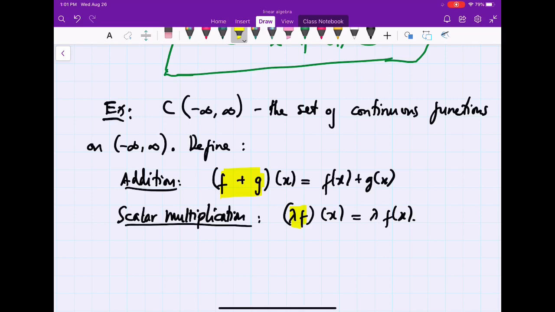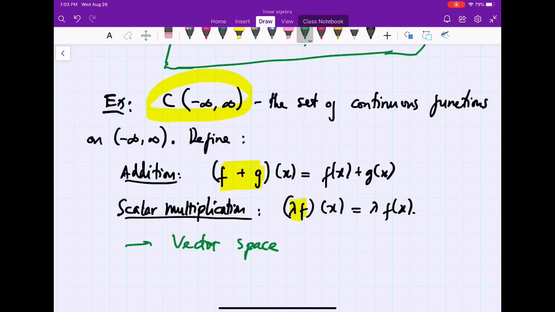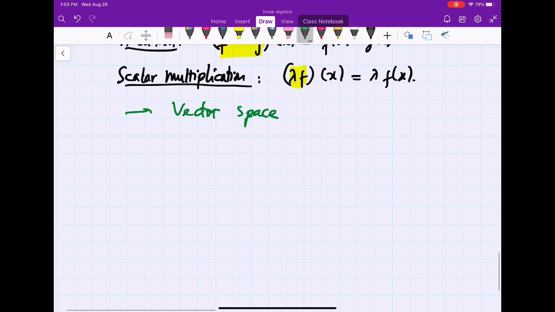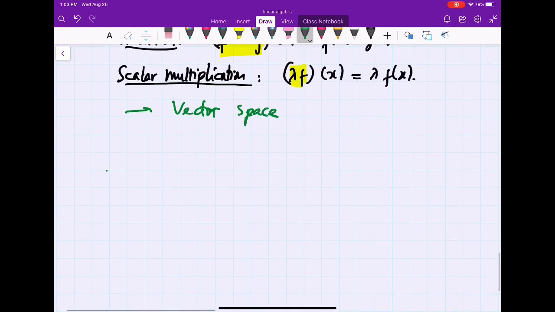So it's obvious that with this addition and scalar multiplication, C(-∞, ∞) is a vector space. So it seems like with those standard operations everything looks good, but we have two questions in here.